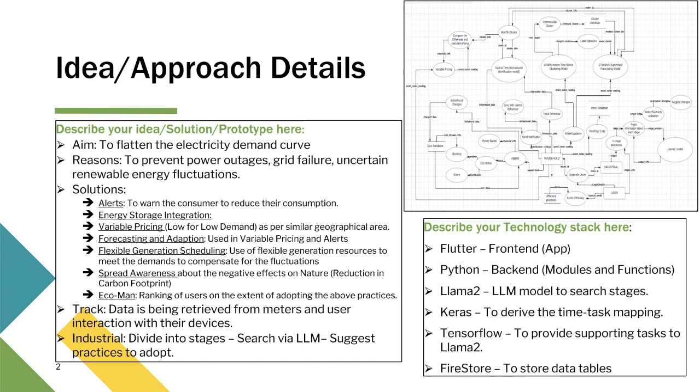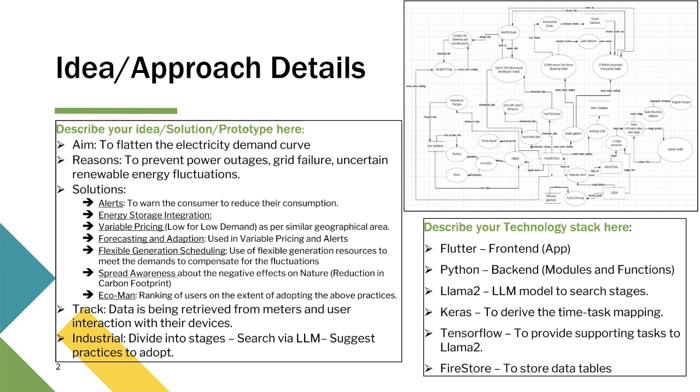We need to spread awareness by using various methodologies and also the effect which we are having on nature, for example the carbon footprint. Ecoman. What we are going to do is appeal to the customer by using ranking and share status. The ranking of the user would be based upon the extent of the practices that they adopted.